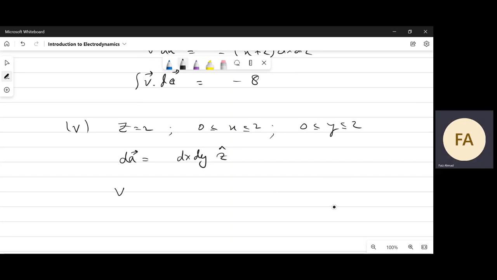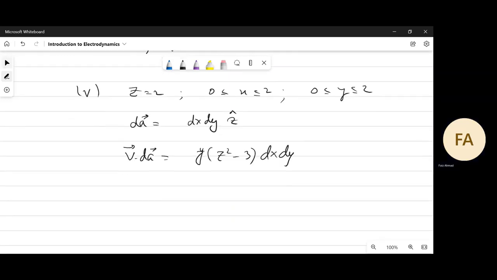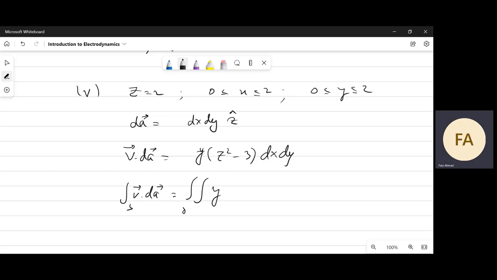If we perform the dot product, v dot dA will become (y z squared minus 3) dx dy. So again, taking the integral, we have z as given. If we put z equal to 2, then it's 4. 4 minus 3 is 1, so it will be y from 0 to 2, x from 0 to 2, dx dy, and it turned out to be 4.